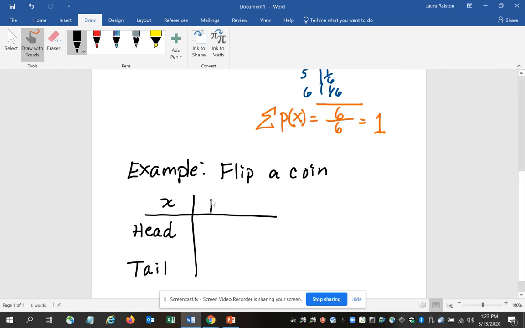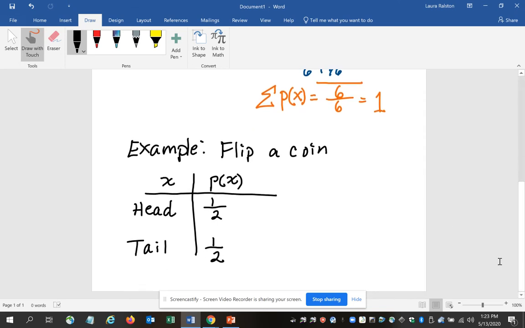From a probability perspective, there's a 1 out of 2 chance, or a 50% chance, that I'm going to flip a head, or a 1 in 2 chance that I'm going to flip a tail. Again, I have a countable number of outcomes. In this case, there are only 2 possible outcomes when I flip a coin.